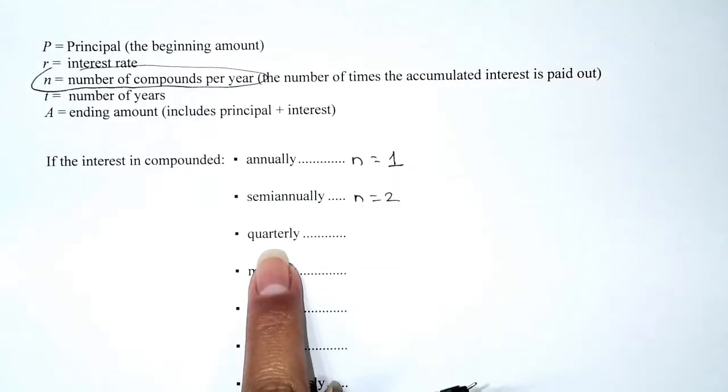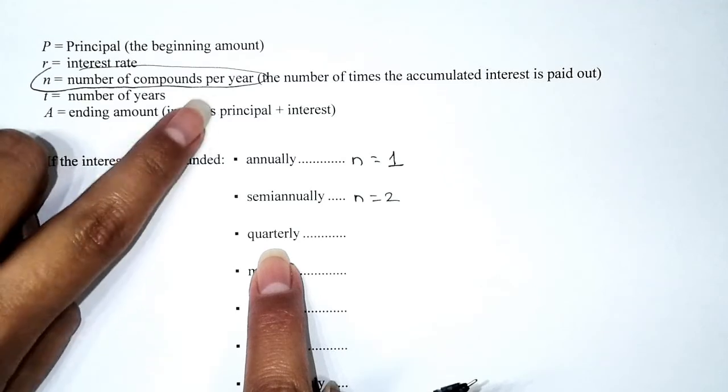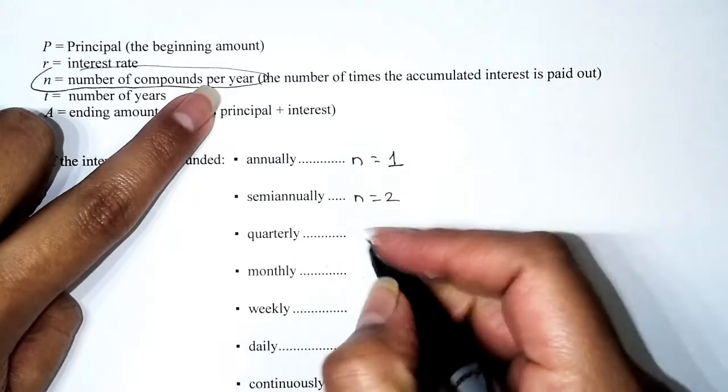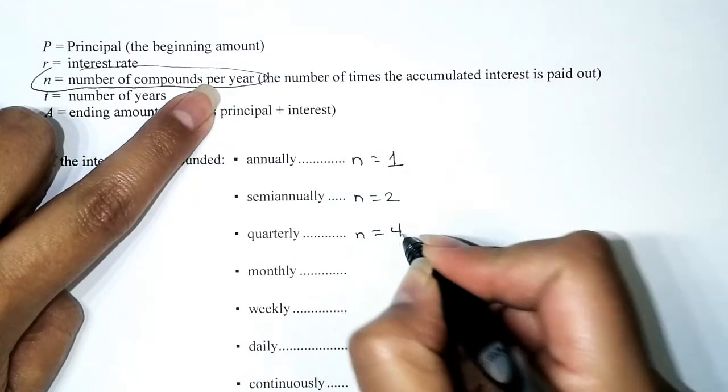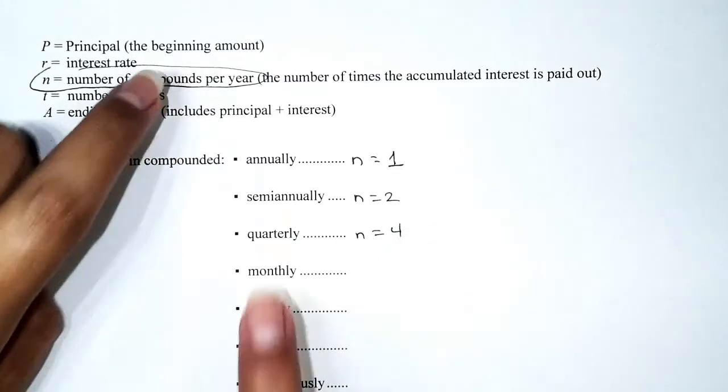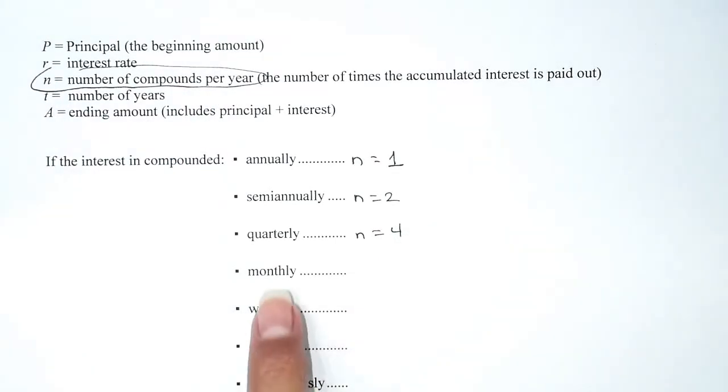What if they say interest is compounded quarterly? Then that means they're going to pay out the interest 4 times per year. So that's code for n equals 4. Now, what if they say interest is compounded monthly?